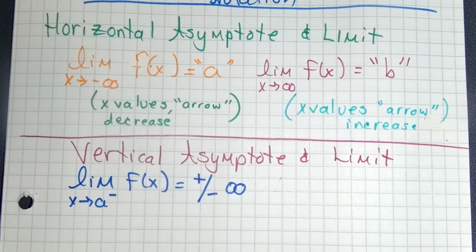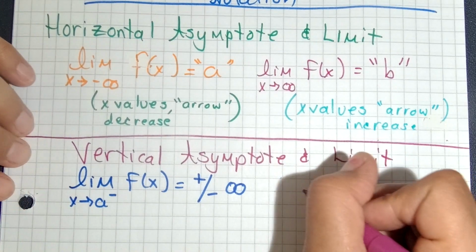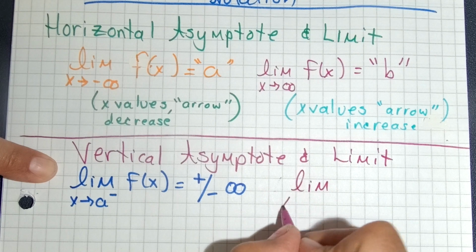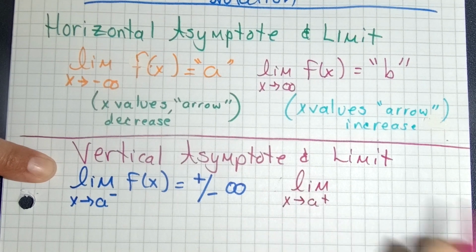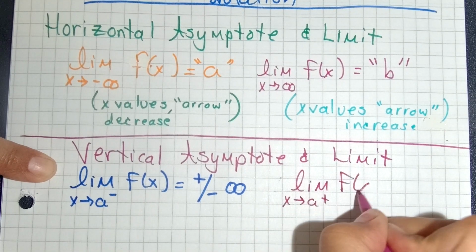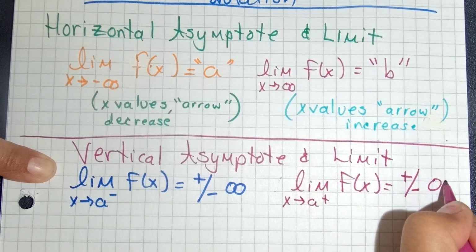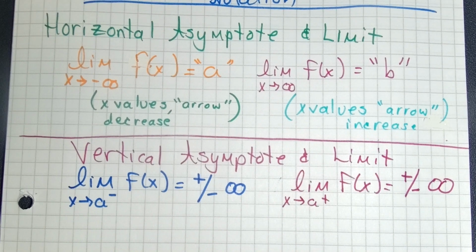One or the other, not both. So if we have the left, we can do the right. Again, we can get positive infinity or negative infinity, but not both.